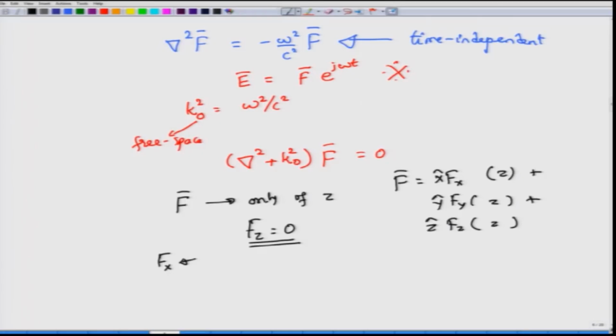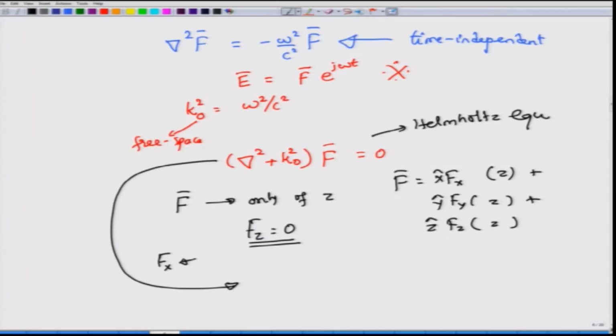This k0 that we have written will remain unchanged. The time independent equation is sometimes also called the Helmholtz equation.